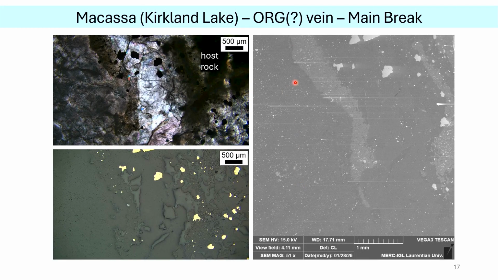Macassa is one of the deposits I am looking at a few different samples at. We have a sample from the Main Break at Macassa, and we see that same uniformly dull CL response in the quartz vein. I don't have an optical CL image for this, but it's most likely that same reddish brown color we see in pretty much every other system.